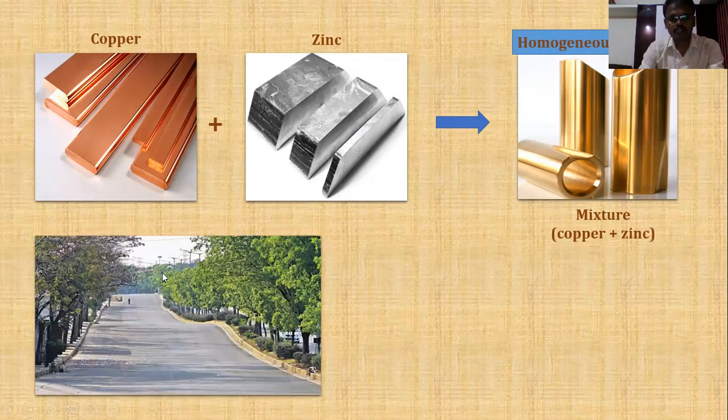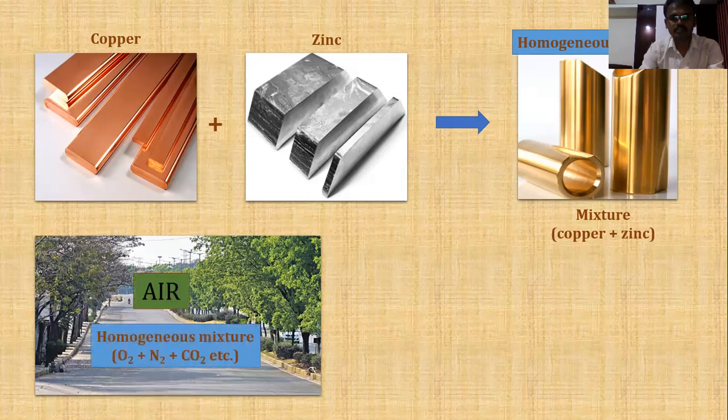Don't look at the road. So here we have trees and road, but everything is suspended in what? Air, correct? It is filled with air. Atmosphere consists of air, and air consists of a mixture of gases, isn't it?